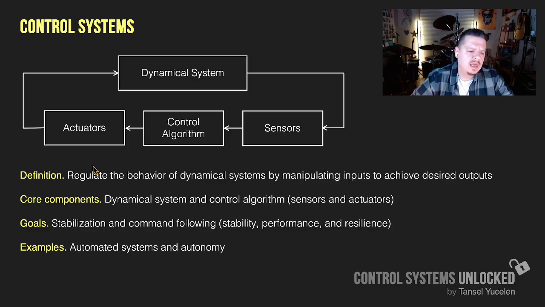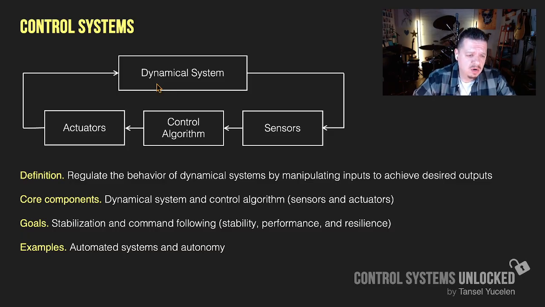And the aim, as it is written here, is to regulate the behavior of a dynamical system by manipulating inputs. Manipulating inputs is a very strong word. And for the upcoming lectures, we're going to manipulate inputs a lot. We're going to design control inputs to achieve desired outputs.